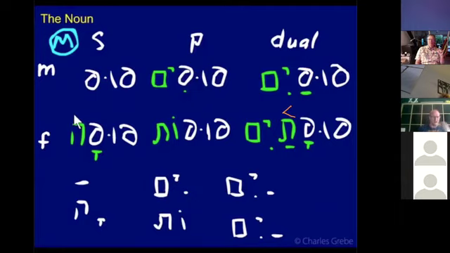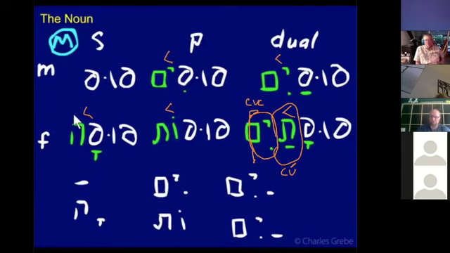Normally the accent is on the last syllable, susayim, susim, susot, susa. But here it doesn't go to this part, which is CVC. It goes to the part before, which is CV accented.